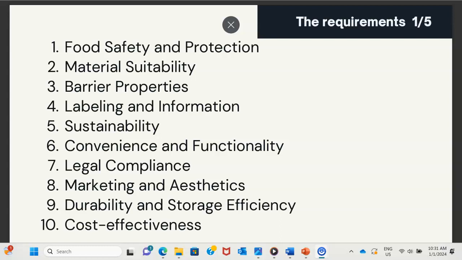While meeting all the above requirements, it has to be economically viable, and it should be cost effective in terms of the material, production and transportation, because otherwise it will be very difficult to sustain the production of the food product. So by meeting all these 10 requirements, food packaging ensures product integrity, complies with regulatory standards, meets consumer expectations, and contributes to the overall sustainability of the food chain.